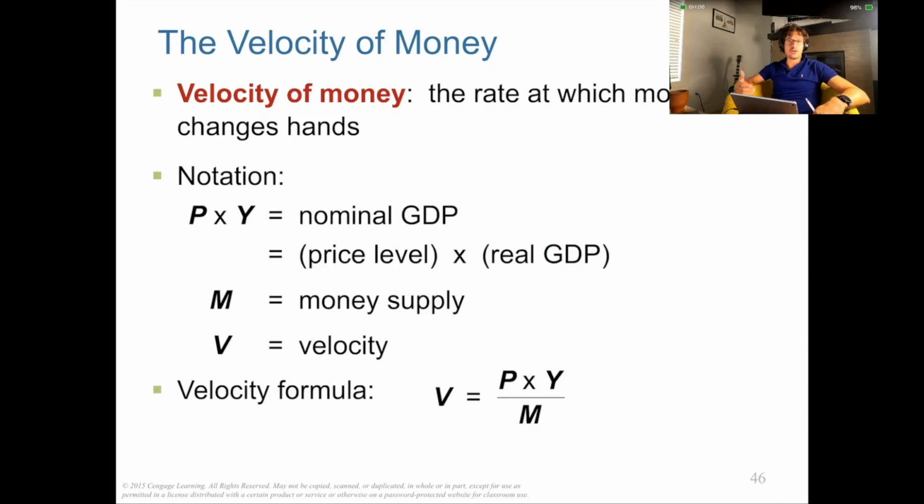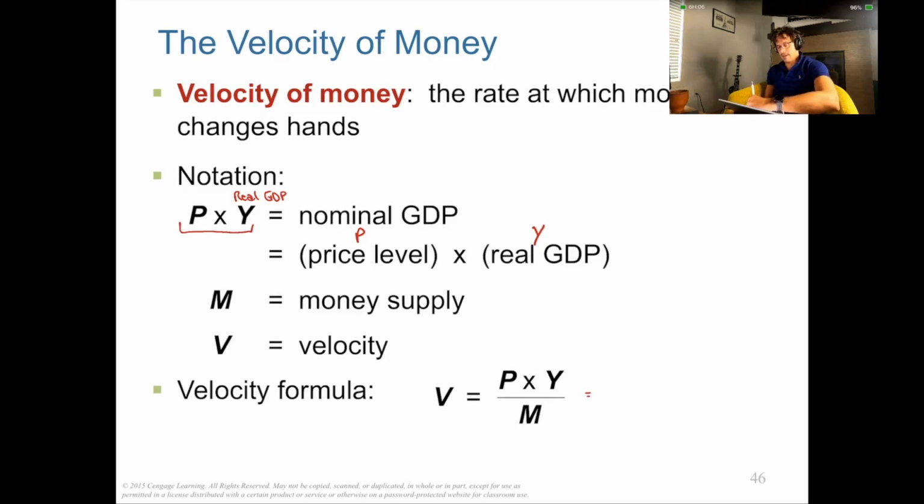So we can define the velocity of money as the rate at which the money has to circulate in order to make all the transactions possible. So let us start with some notation. We have Y, which is equal to the real GDP. P times Y is the nominal GDP, which is given by the price level P times the real GDP Y. M is the money supply, and V is the velocity, defined as the number of times that money has to circulate in order to make all the purchases.